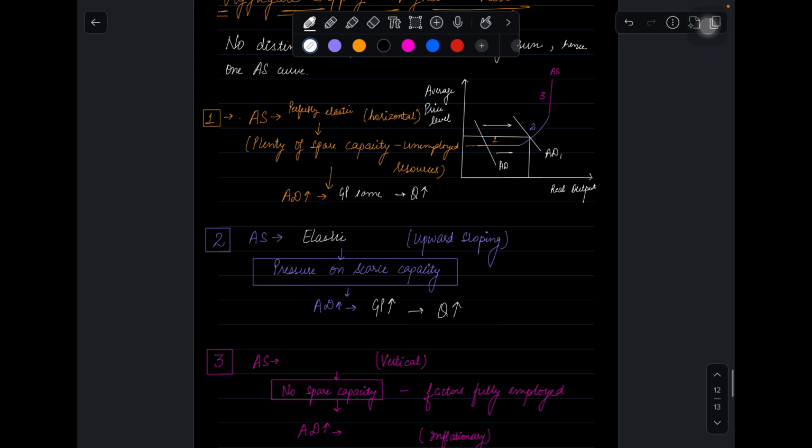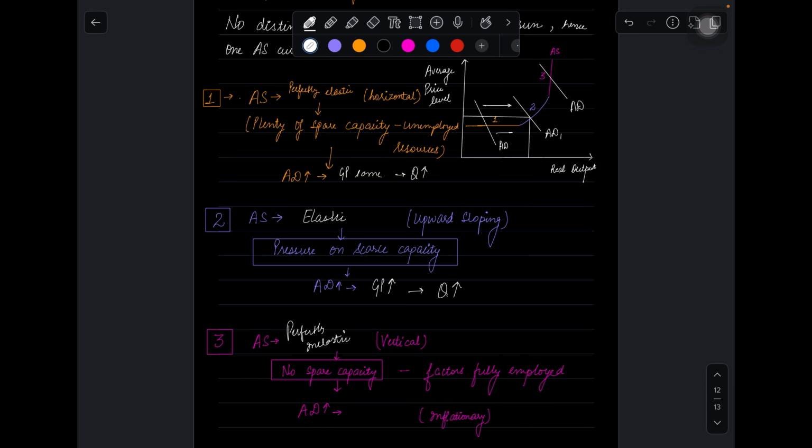Then in section three, if the aggregate demand curve shifts here, this is the area where aggregate supply is vertical. That means it is perfectly inelastic. Here supply cannot be changed with a change in the price. So the aggregate supply curve is perfectly inelastic.